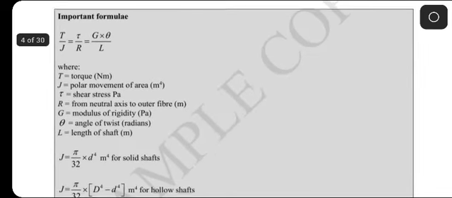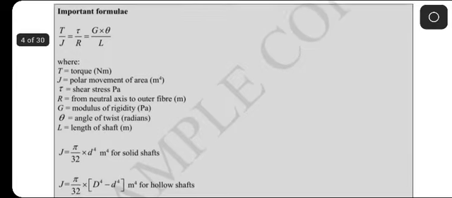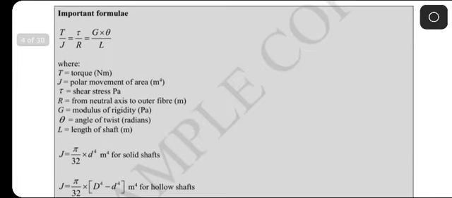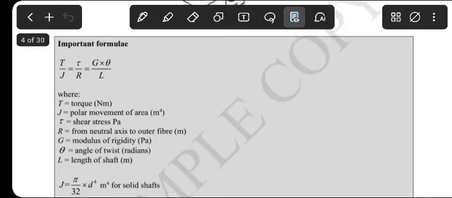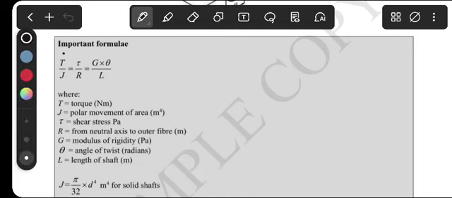All right, here is our important formula. There you see, torque over J, which is polar moment of area, is equal to shear stress over radius, equal to G theta over L, where G is the modulus of rigidity and theta is the angle of twist in radians, and L is the length of the shaft.